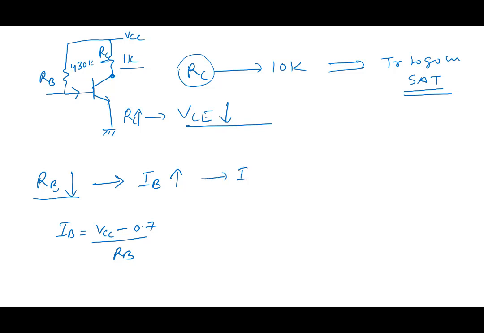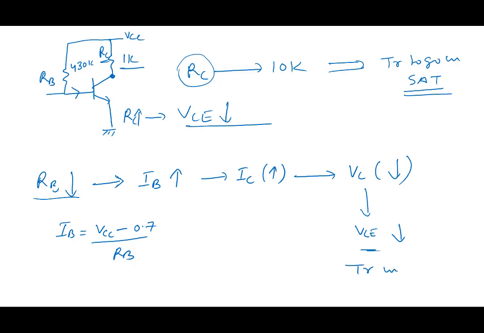Everybody sees IC increases. It is in forward active mode. IC is beta IB. If IC increases, then does everybody see that VCE decreases? VC, this voltage will decrease. And eventually if you make it too small, what will happen?